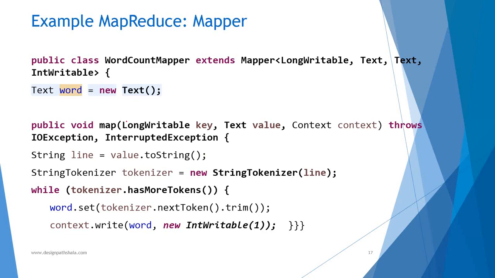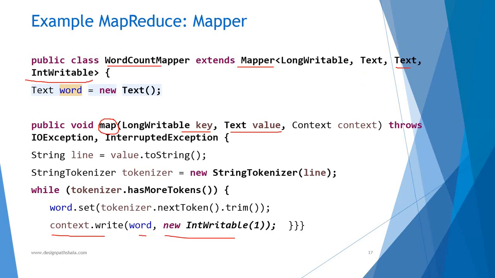Your mapper, as a class, needs to extend the Mapper interface, and it has a function called the map function. That map function will get some key and some value, and will produce some key and value pair. So this context.write basically produces the key and value pair, which is defined over here.